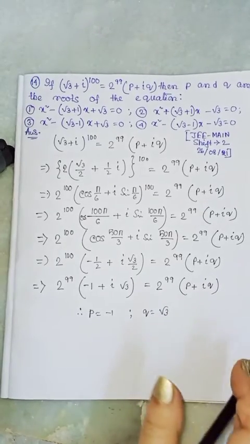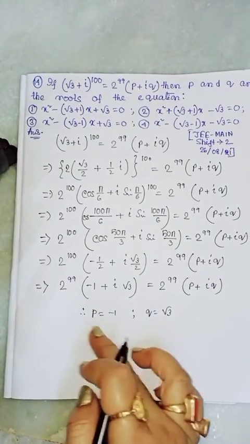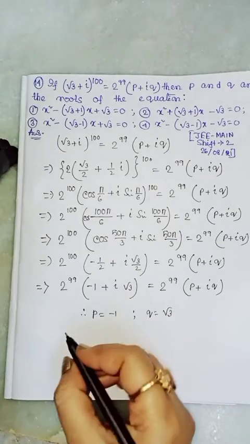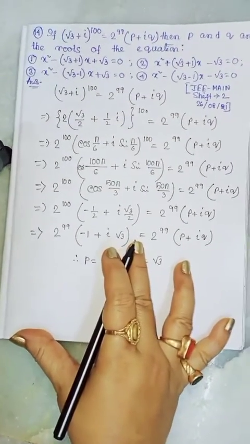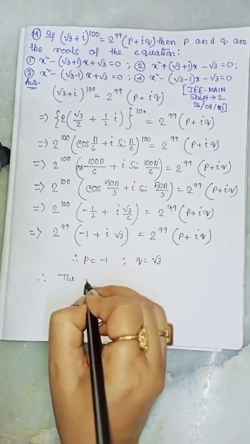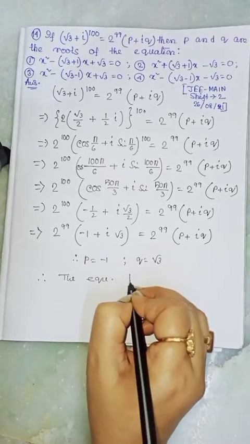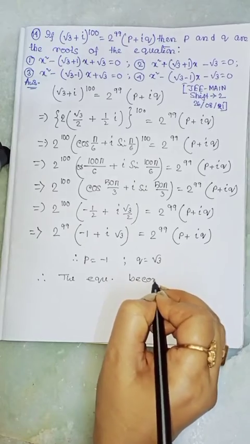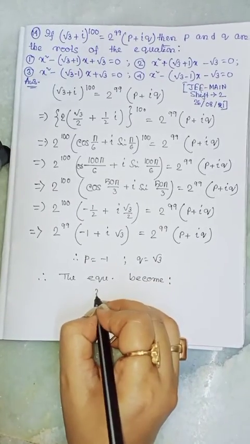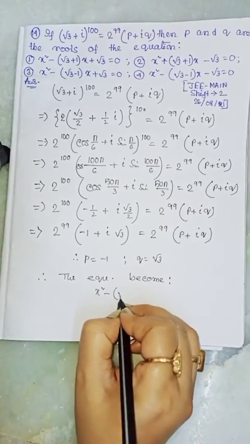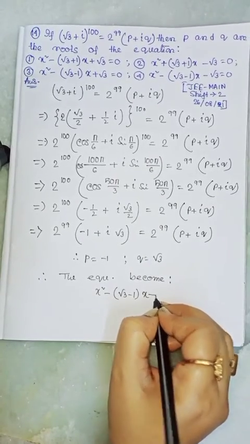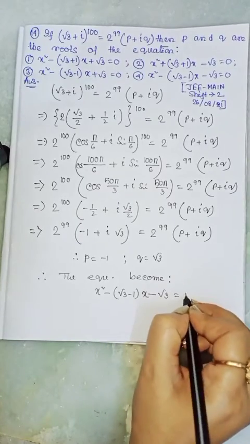So now the equation which forms, these are the two roots, therefore the equation becomes x square minus (root 3 minus 1) x minus root 3 equal to 0.